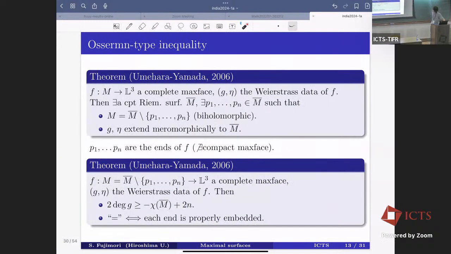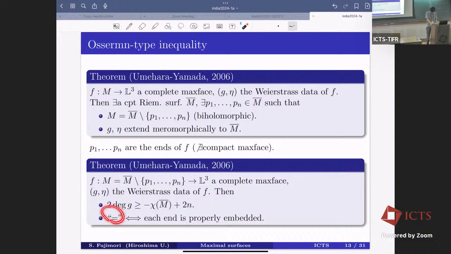Then they showed this inequality. Let F be a complete max face, and G, eta the Weierstrass data. Then we can consider the mapping degree of G. So 2 times degree G is greater than or equal to the Euler characteristic of M bar plus 2n.